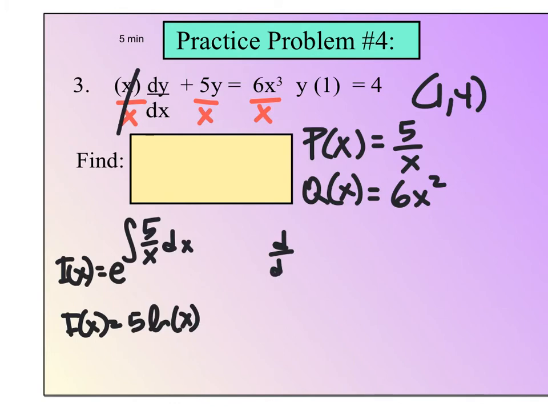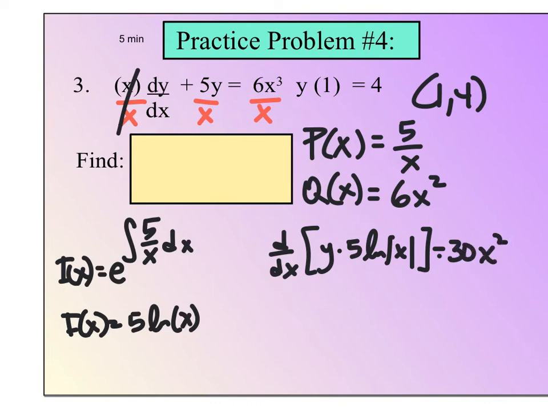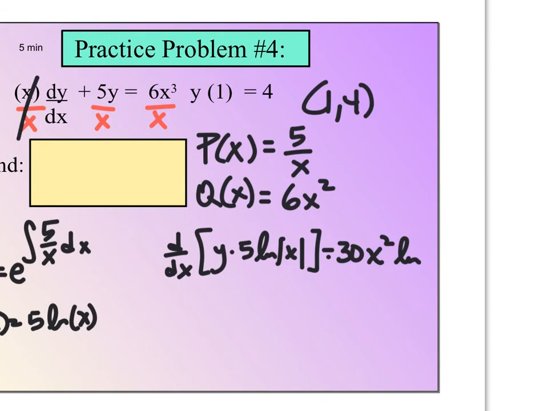Alright, so d dx of y times I of x is equal to I of x times q of x. 6x squared, and 6 and 5 would make I times q, yeah, that'd be 30x squared natural log of x.